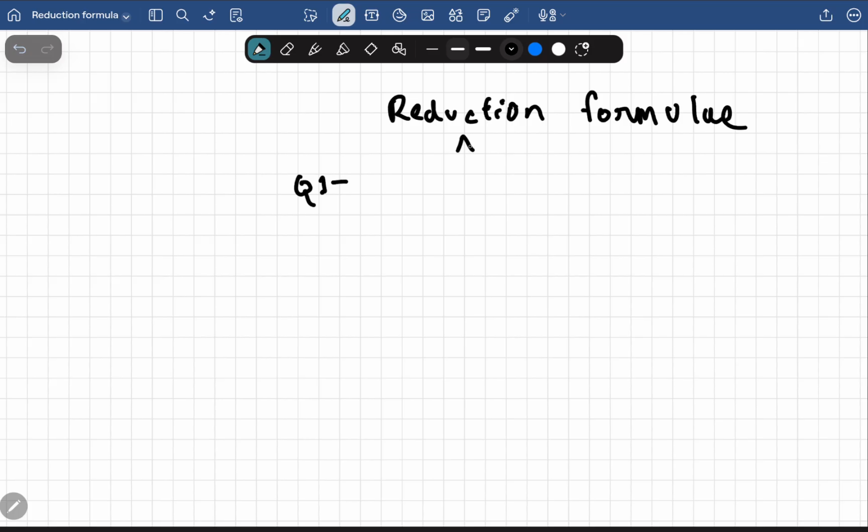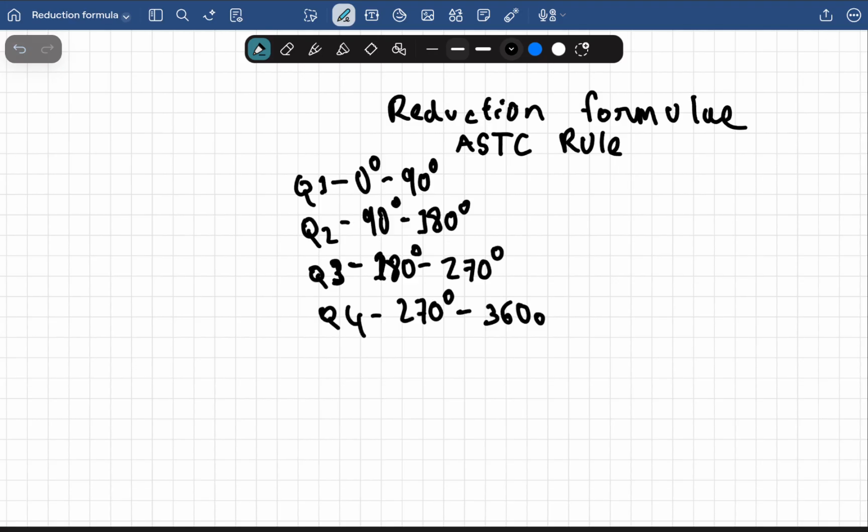We'll be learning how to do it with the ASTC rule, which is a rule that states about all, sine, tangent and cosine. We'll get into that later. Anyways, first you'll need to know the basics. These are the degrees supported by each quadrant. I'll come back to you guys once I am done writing that.